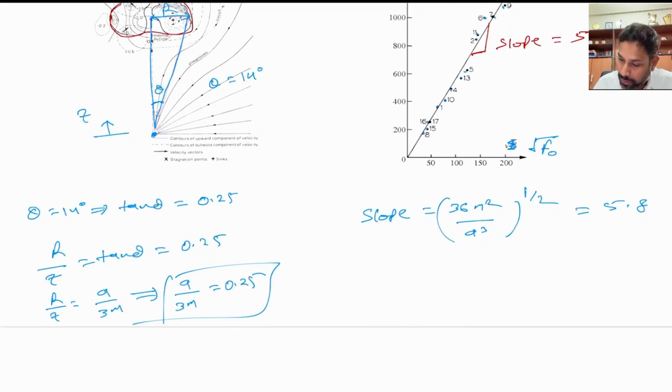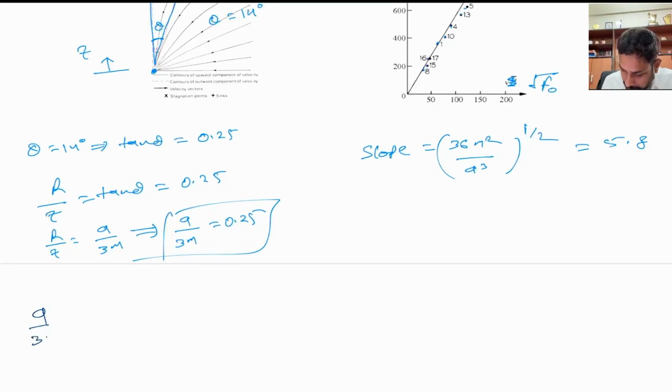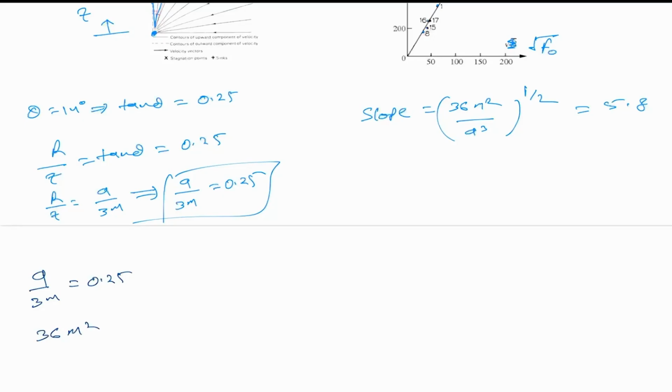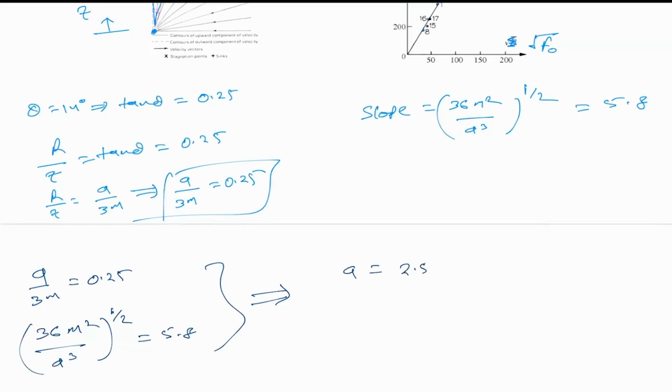So now if we use these two equations, A by 3m equal to 0.25 and 36 m square over a cube square root is 5.8, this gives us two different values: the value of m as 2.54, and the value of A as 1.9.